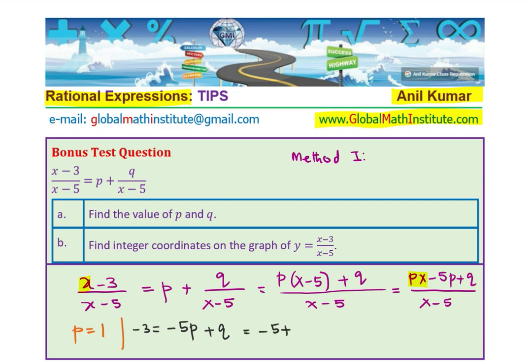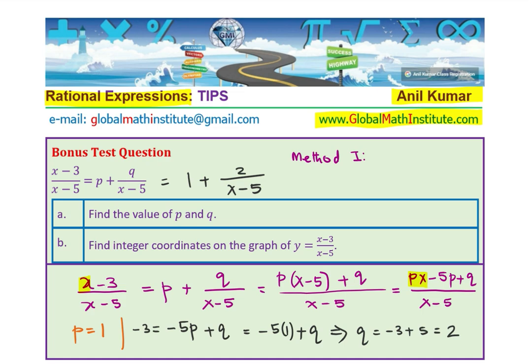That will give you the value of q, which will be minus 3 plus 5, and that gives you 2 as the answer. So basically, I could write this as 1 plus 2 over (x minus 5). Is that clear to you? So that becomes part A.